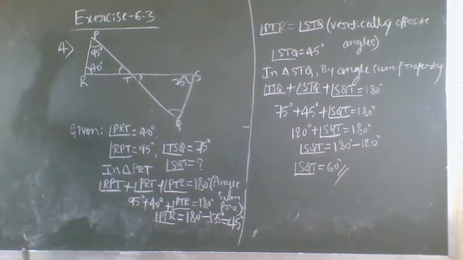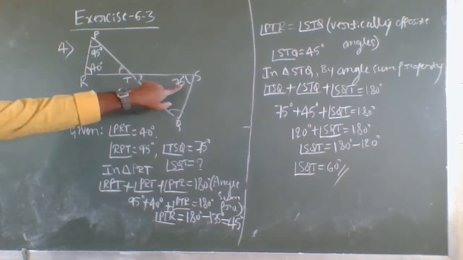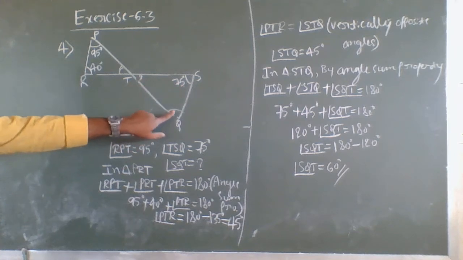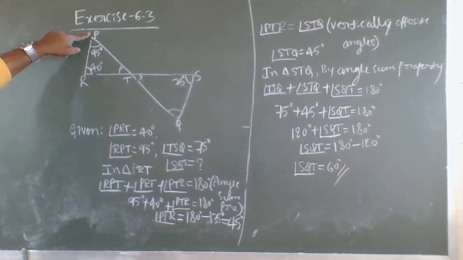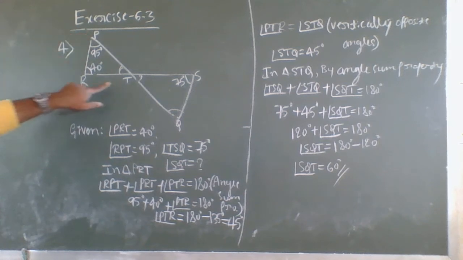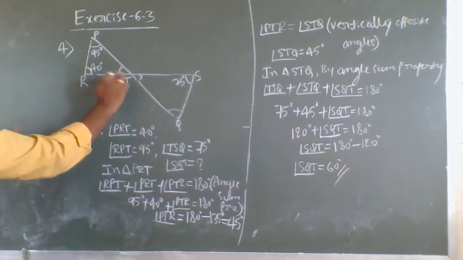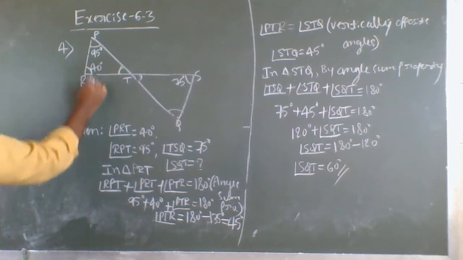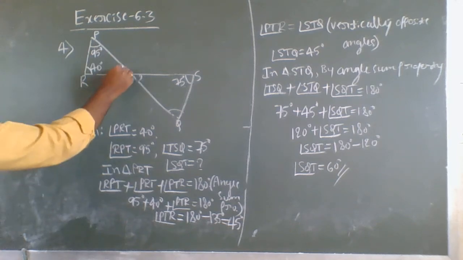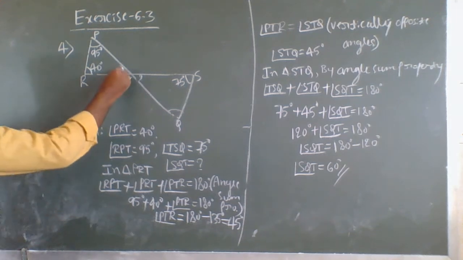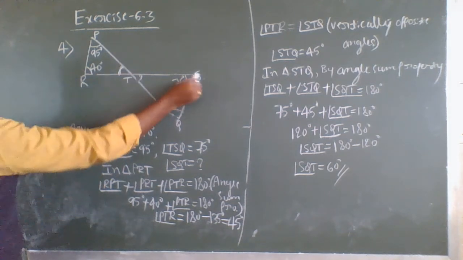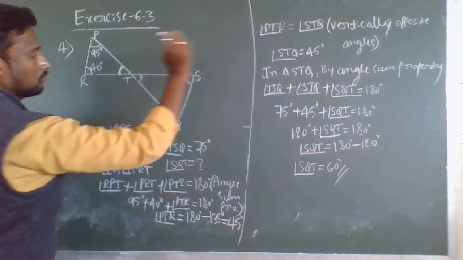See here again. This is 95 degree, this is 40 degree, and this is 75 degree. We have to calculate this angle. By using the angle sum property in triangle PRT, we can calculate this angle because they have given these two values. We got this value as 45 degree, and this angle is equal to angle STQ. Why?